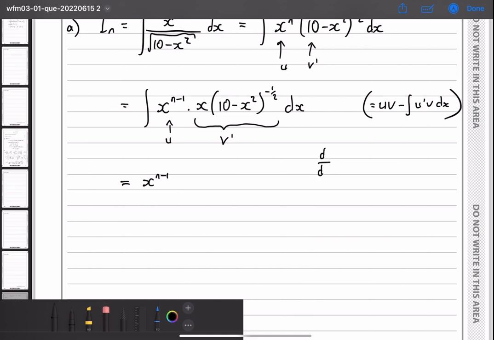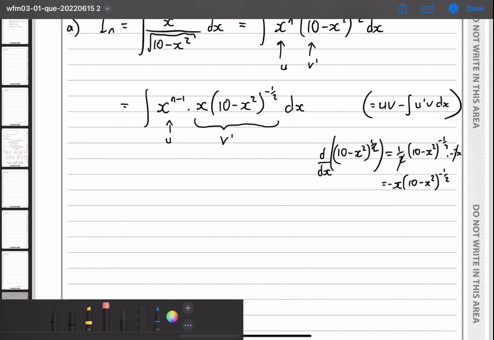So if I differentiate something that I think that's going to integrate to, which is 10 minus x squared to the half, what I would get out of that would be a half times 10 minus x squared to the minus a half times the derivative of the thing inside, which is minus 2x. The 2's would cancel, and I would get minus 10 minus x squared to the minus a half times the x on the end, minus x. So make a bit of room there.